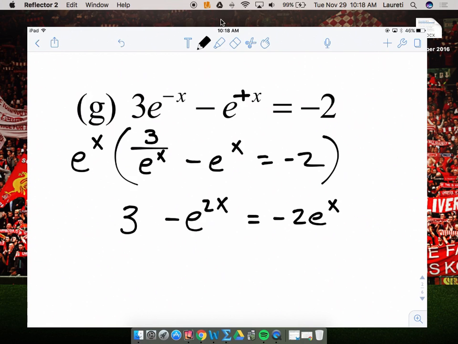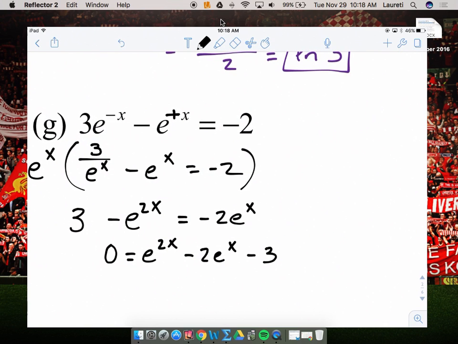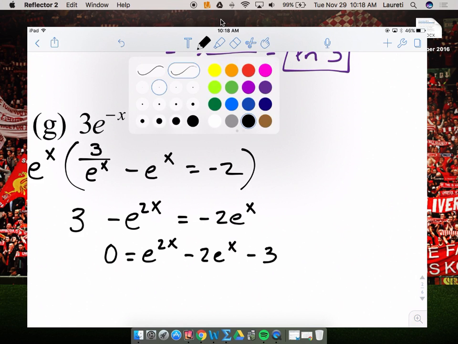So again, I would put everything on one side. So I'm going to put everything on the right side. So that would make 0 equals e to the 2x minus 2e to the x minus 3. When you see something like this, think of it as a quadratic.